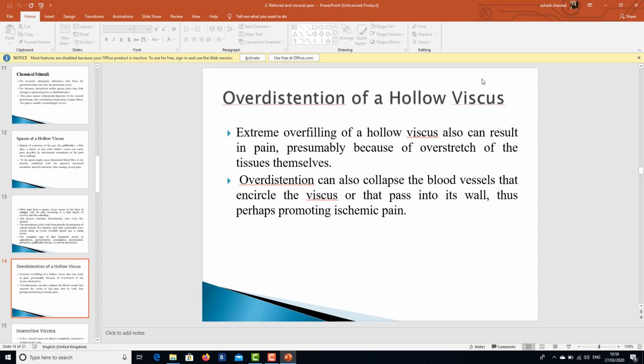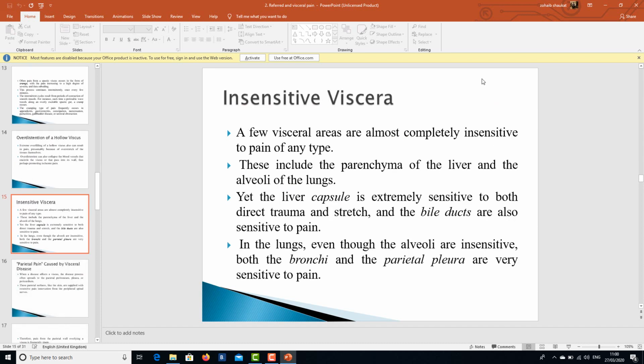Or you can say that the blood vessels which are actually encircling the viscera or that pass into its wall, thus perhaps promoting the ischemic sort of pain. Because the collapse of the blood vessels is leading to the ischemia, or you can say that decrease in the blood supply to that particular organ.